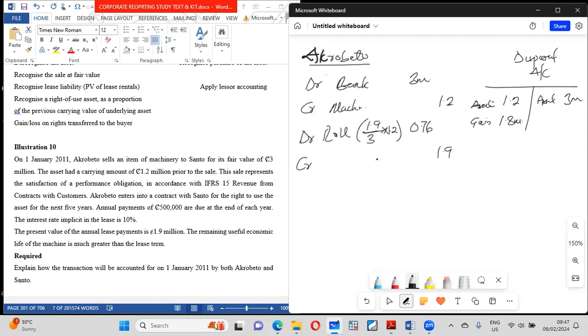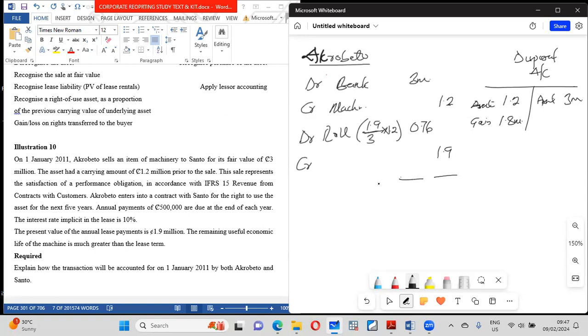Initially you realize that our gain was 1.8. So that gain of 1.8 is going to be transferred, like we said, in this case, to Santo. So let's balance this equation.